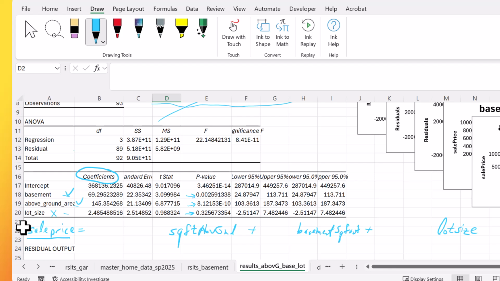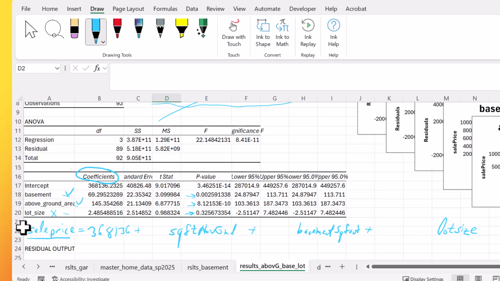So we have an intercept. The coefficient is 368,136. That's our y-intercept, and that means that if everything else were set to 0, we would still have a value of our lot of $368,136.